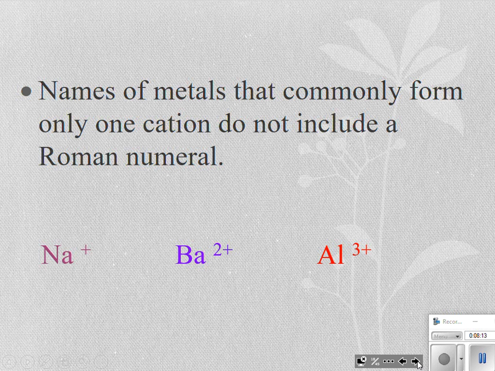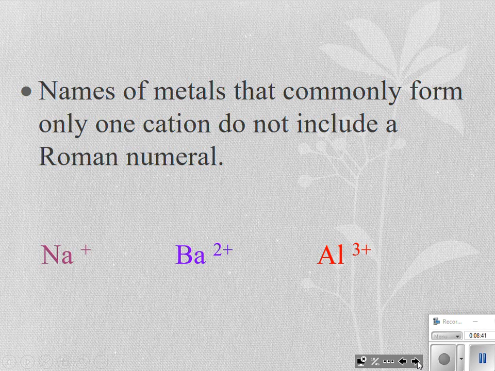So, aluminum only takes a 3+ charge. It does not need a Roman numeral. Barium only takes a 2+ charge. It does not need a Roman numeral. Sodium only takes a 1+ charge. It does not need a Roman numeral.